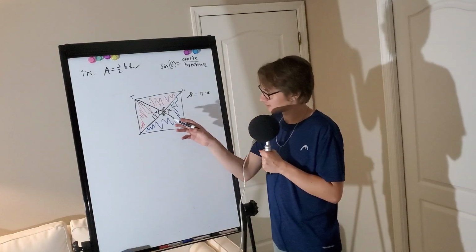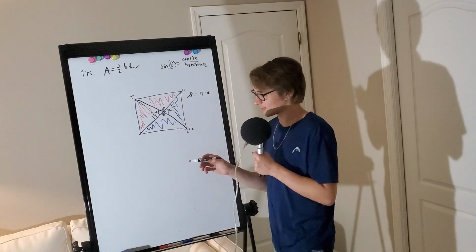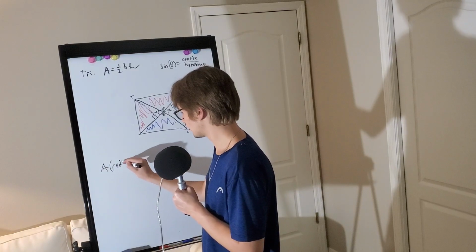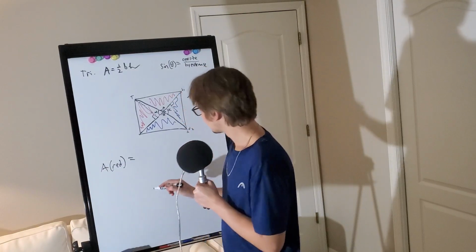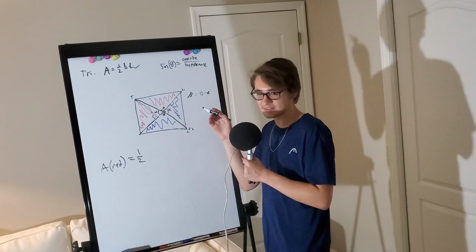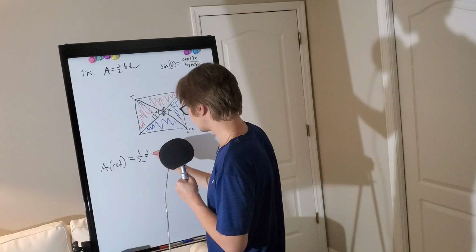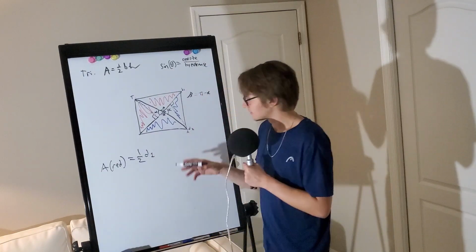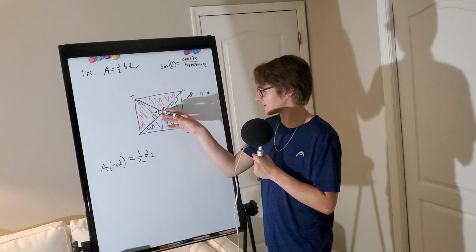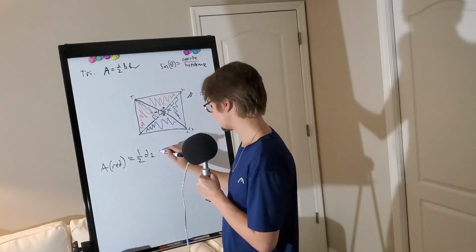For the figure I've drawn at least, what we would have is area of red is just 1/2 times the length of the base, which is D1, times the height. What is the height? That is QT times the sine of alpha.